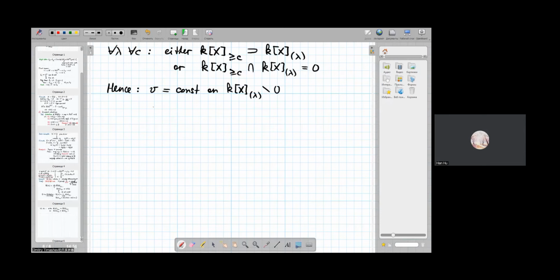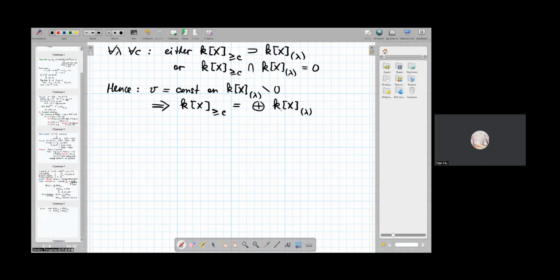And then it follows that the filtration term K of X greater or equal than C is the sum of those irreducible submodules for which the valuation V takes a value greater or equal than C on non-zero vectors in this submodule.